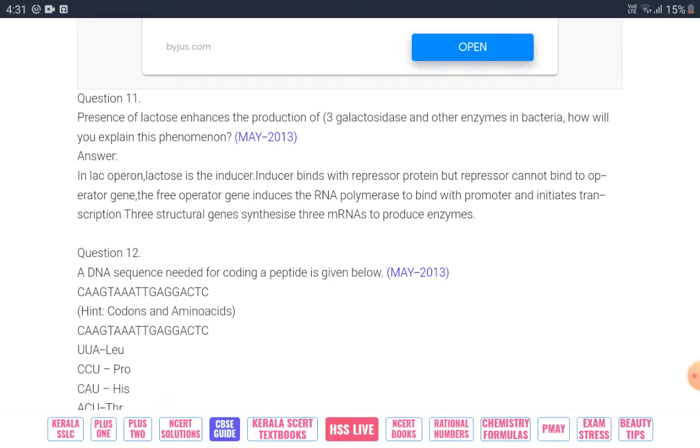Lactose acts as an inducer. The inducer binds with the repressor protein, so that the repressor cannot bind to the operator gene, and the free operator gene induces the RNA polymerase to bind with the promoter and initiate transcription. The three structural genes synthesize three mRNAs to produce the enzymes.